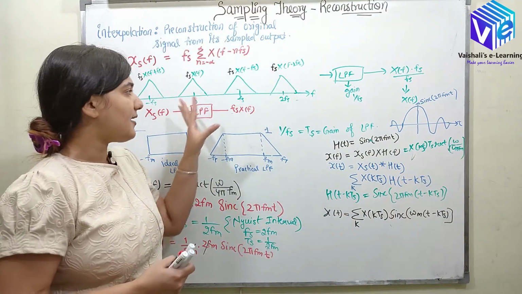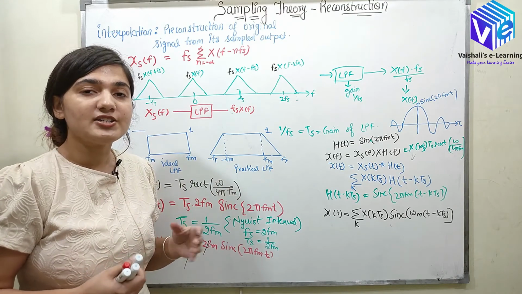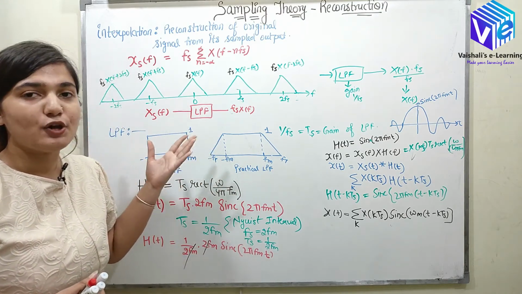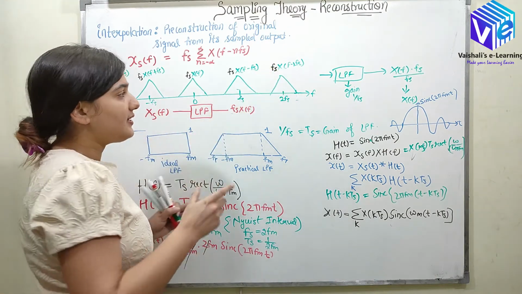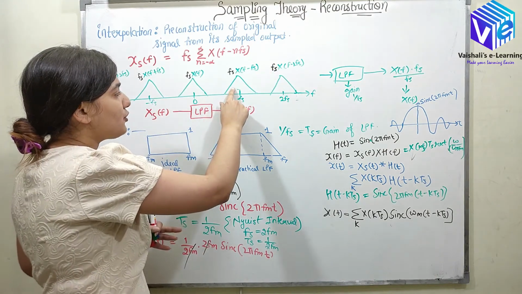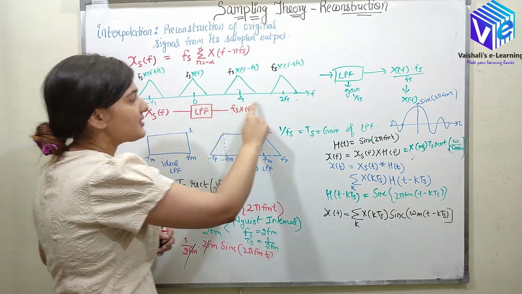Now this same signal can be used to transmit the information like in DSB-SC also. If I have this sampled signal, it has the output, the signal x(t), X(f) at various fs.